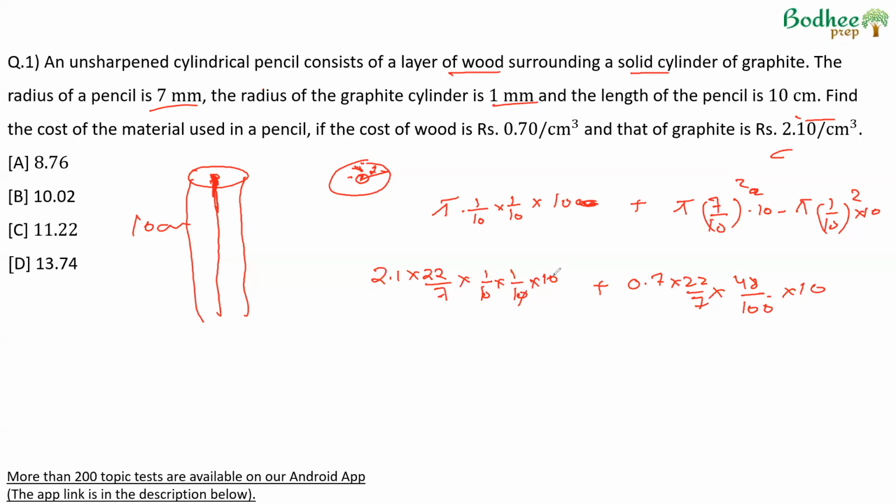So here 0, 0 cancel. This is 0.3. So this will become 6.6, 0.66. Here we have 100 already. 0, 0 cancel. 0.1.